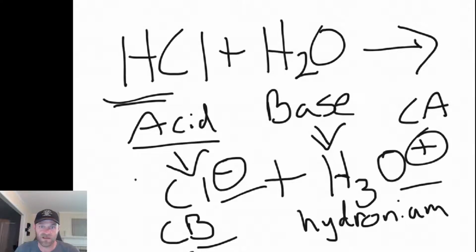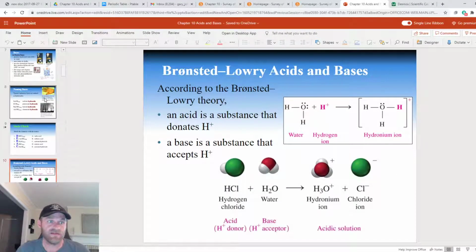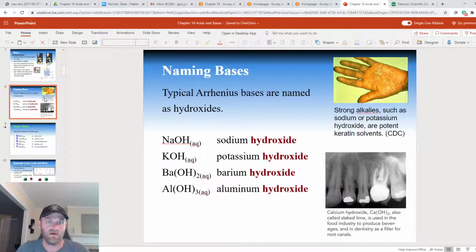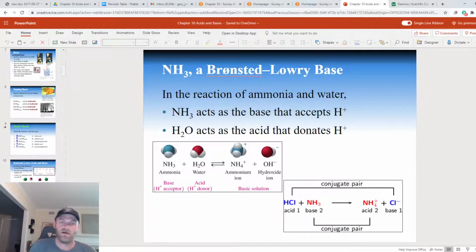All right, so let's look at a little bit more of that. Here we're doing ammonia and water. So the ammonia is actually the thing accepting the hydrogen in this case, so it's the base. The water is what's giving up that hydrogen proton, so it'll be the acid.